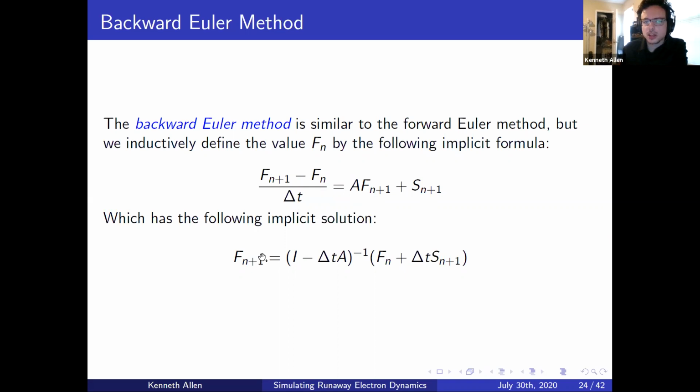We can again solve for f n plus 1, but it gives us this implicit solution: identity minus delta t A, inverse, times f n plus delta t s n plus 1. So here we have to do a matrix inverse, compared to the forward Euler method where we only had to do a matrix multiplication.